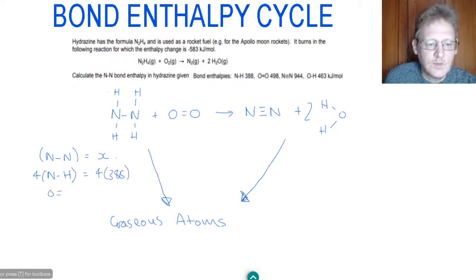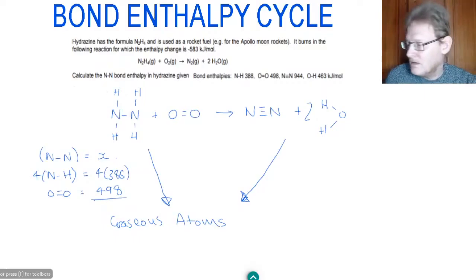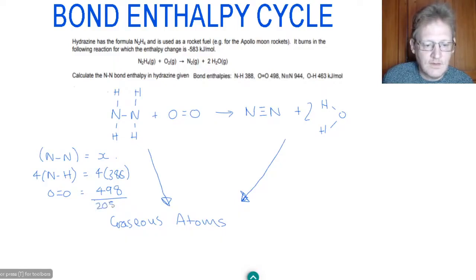And an oxygen double bond, which is 498. And if we add all that up, 4 times 388 plus 498 is 2050. On this arrow, we've got 2050 plus x.